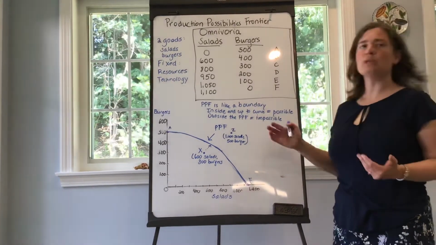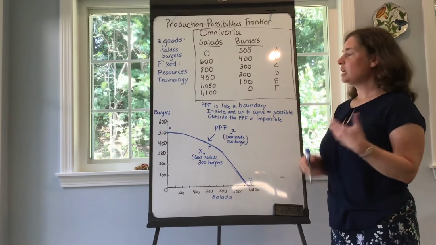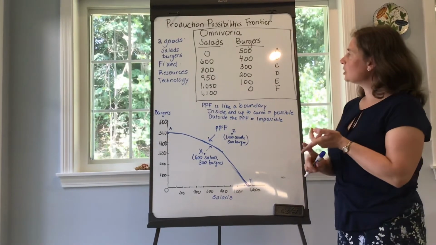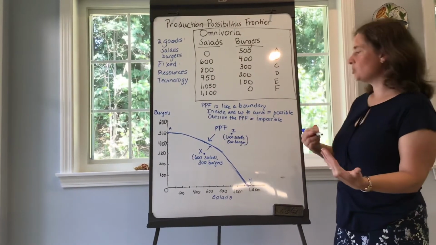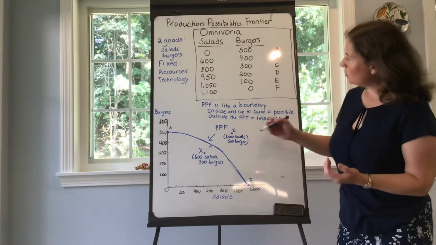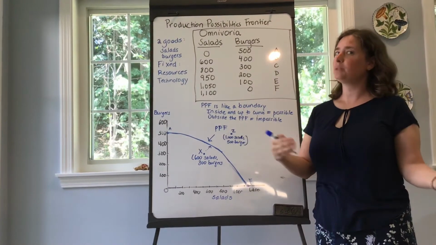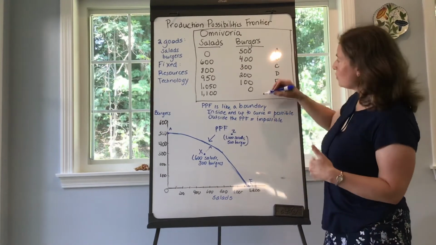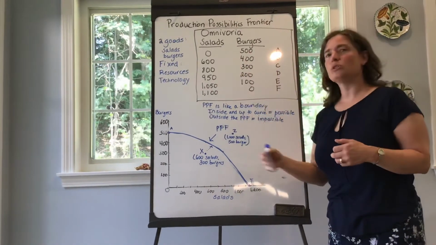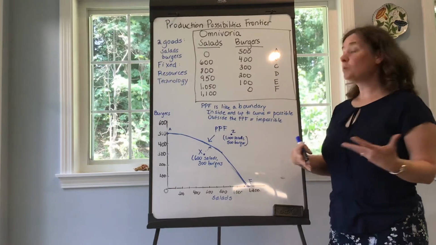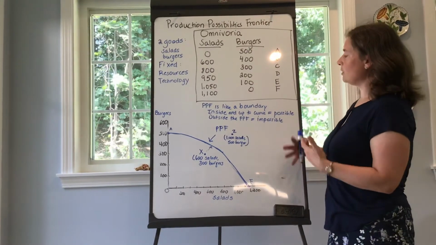Okay, a couple other things to just point out. One of the reasons I really love the PPF as a model, it illustrates not only some of our key concepts like trade-offs or opportunity costs, which we've discussed, what we see here, again, in order to produce more salads, we have to give up some burgers, or if we want to produce more burgers, requires us to reduce our production of salads. So we see trade-offs and opportunity cost on the PPF.